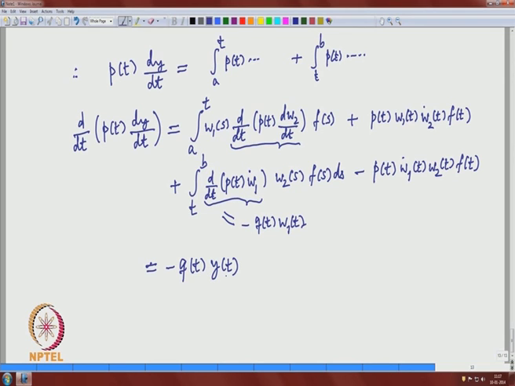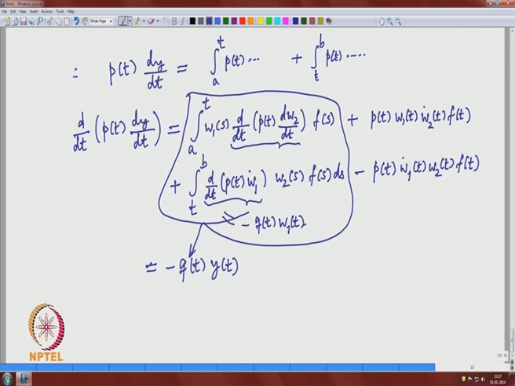Okay, so the integrals are taken care of now, that portion is coming here, and now what about this one.